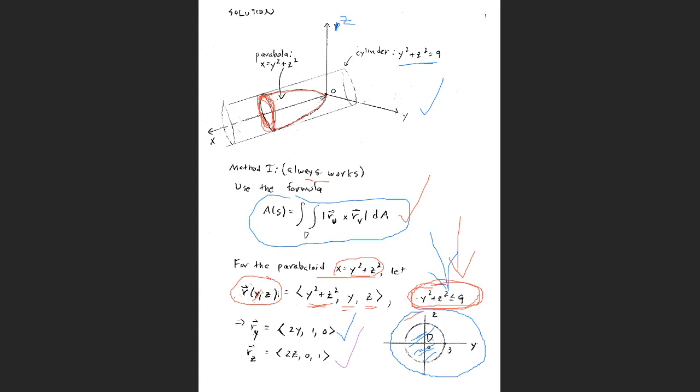Okay, well, so next step is to take the cross product of these two derivative vectors. So we'll do that. I'm going to utilize the rule that we learned for a cross product, where we have a determinant of a 3 by 3 and do cofactor expansion along the first row.